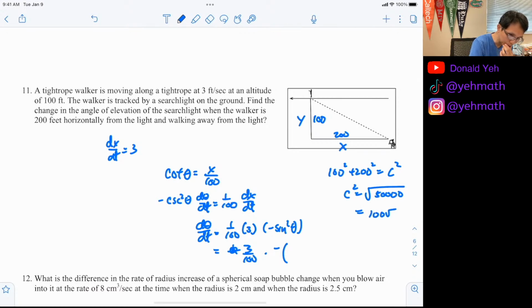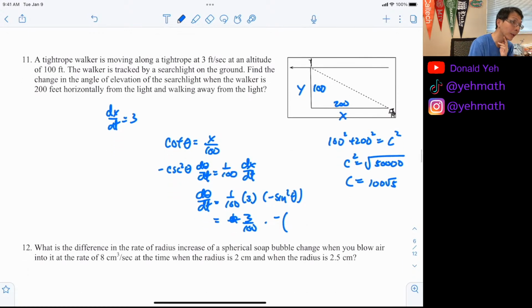Wait, what did you say you got? I got one half. C is equal to 100 square root of 5, right? Yeah, and then it's 100.